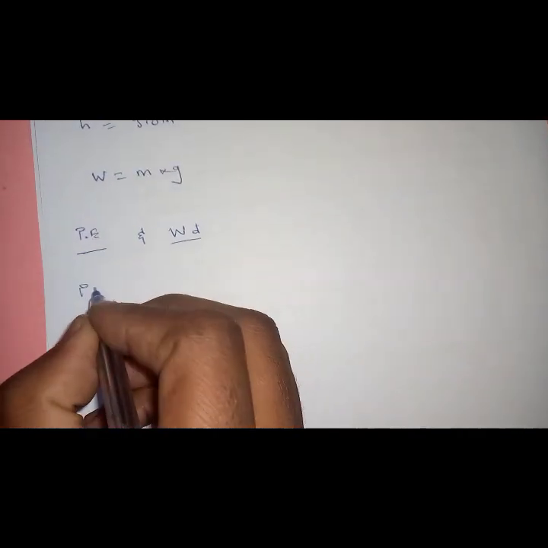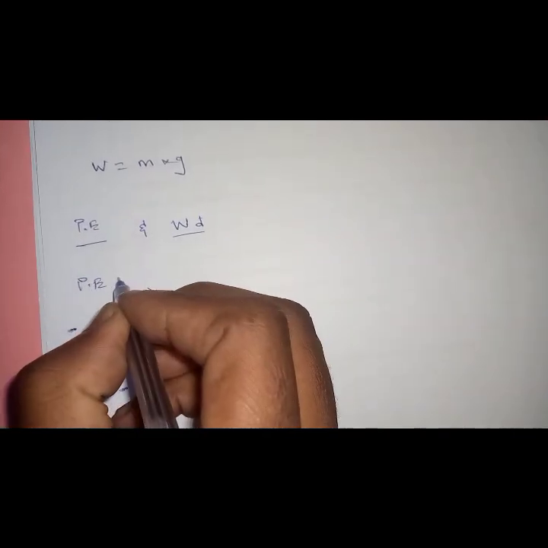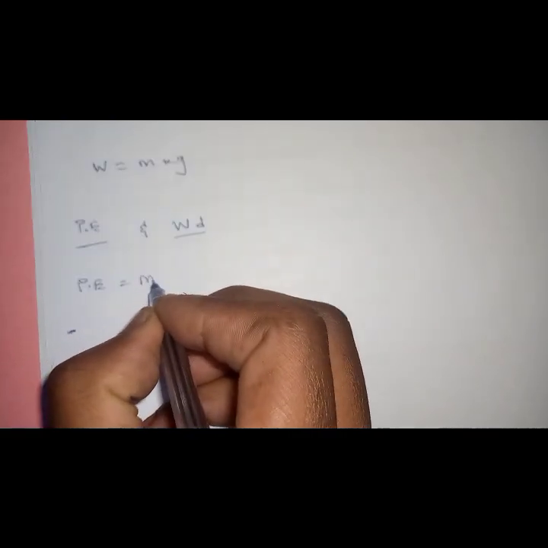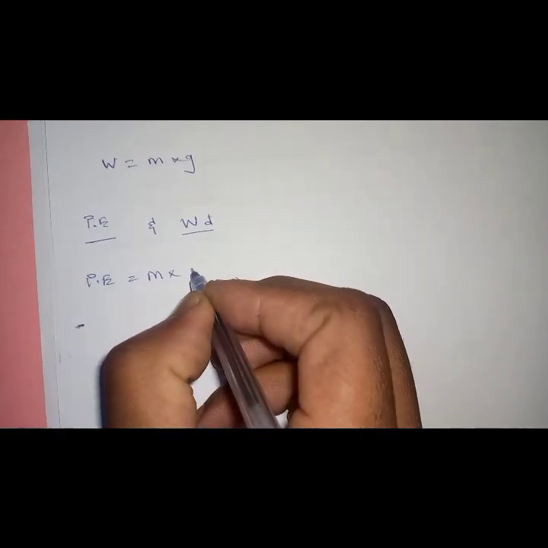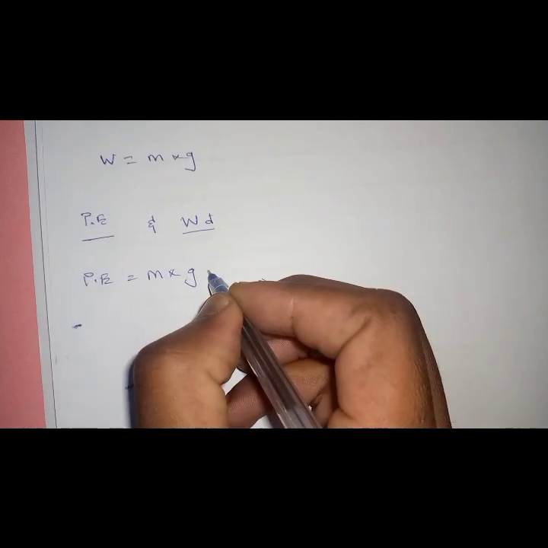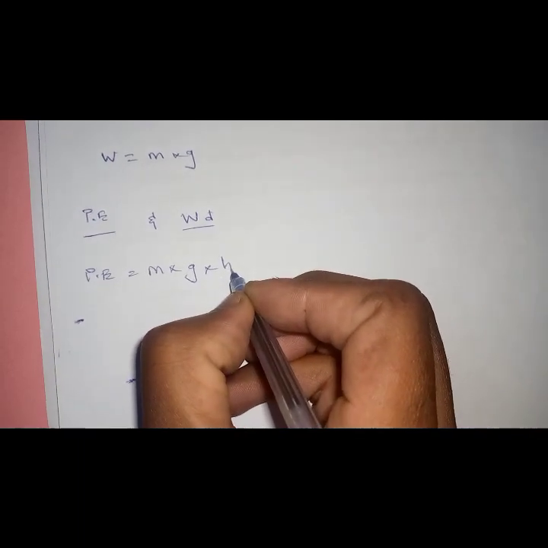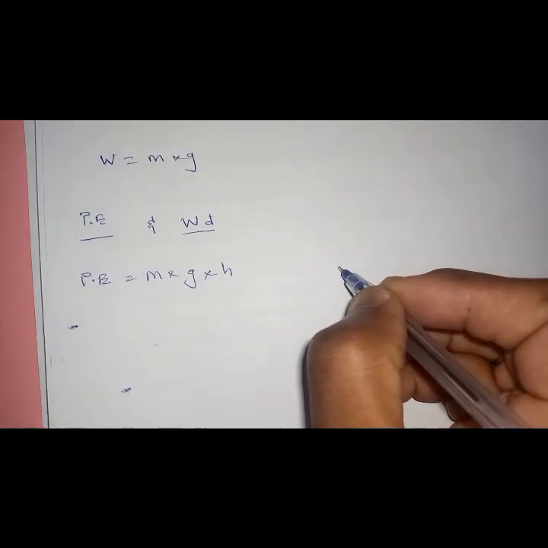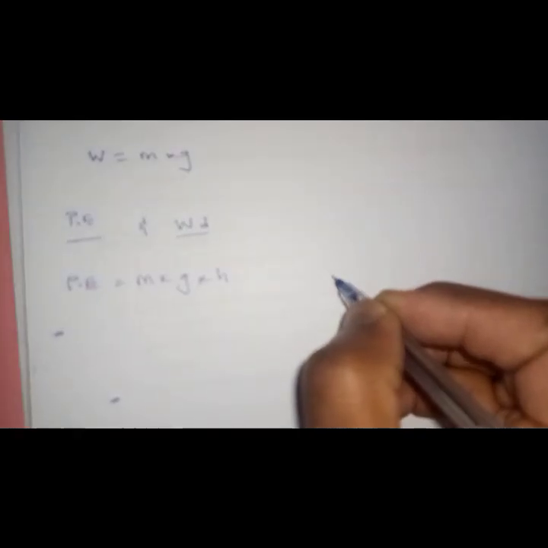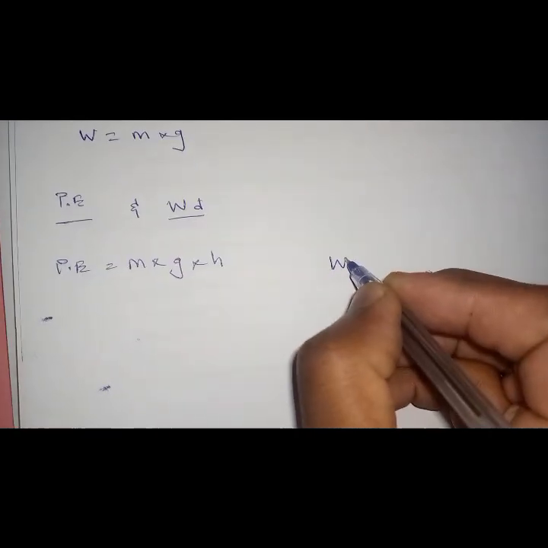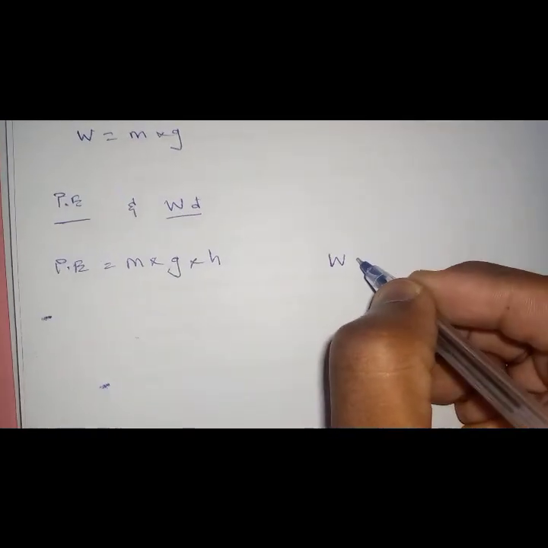So potential energy is given by the formula PE equals mass times acceleration due to gravity times height. Then work is also given by the same formula, if anything, but let's not say that.